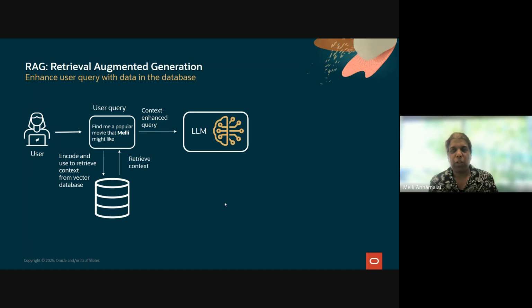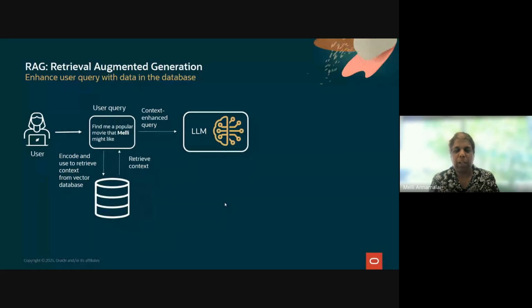Now, if you want to be specific about what you're asking so that the question relates to what you might have in your own database, in your own enterprise, in the company you're working for, something that's private and not publicly accessible to the generative AI service, that's when you have this RAG or Retrieval-Augmented Generation.